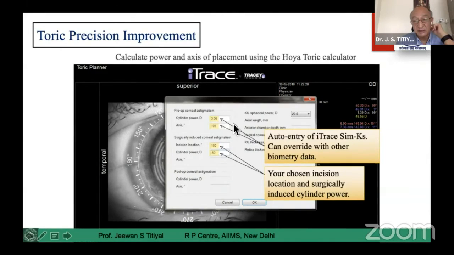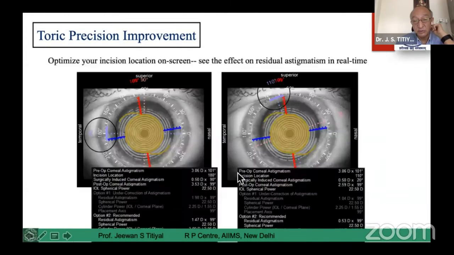You can enter your pre-op cylinder, axis, incision location, and your SIA, and it gives you a new area of concern. And it can also tell you what is going to happen if you shift your incision. So if you have a 180° incision, this is your area of placement for the IOL. But if you shift your incision superiorly, the IOL placement changes a little bit as per the new calculation by the toric calculator.